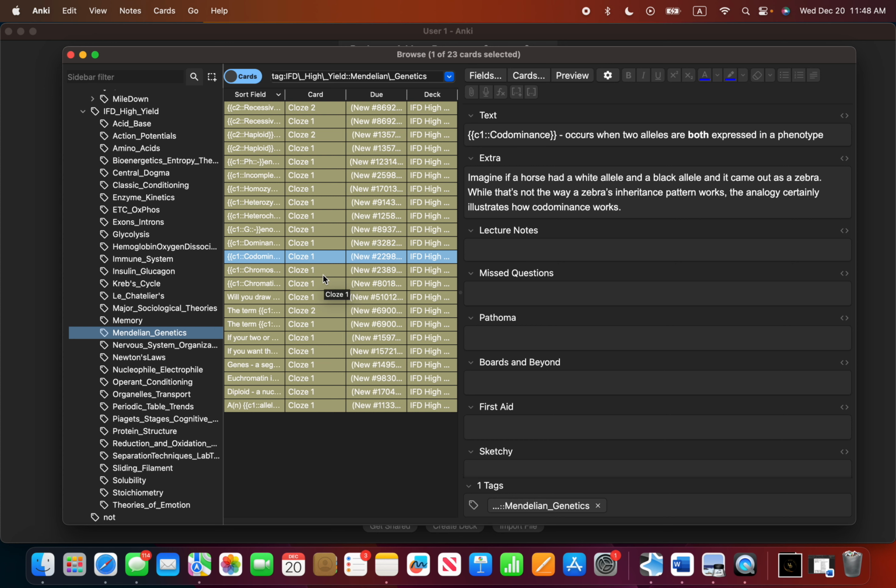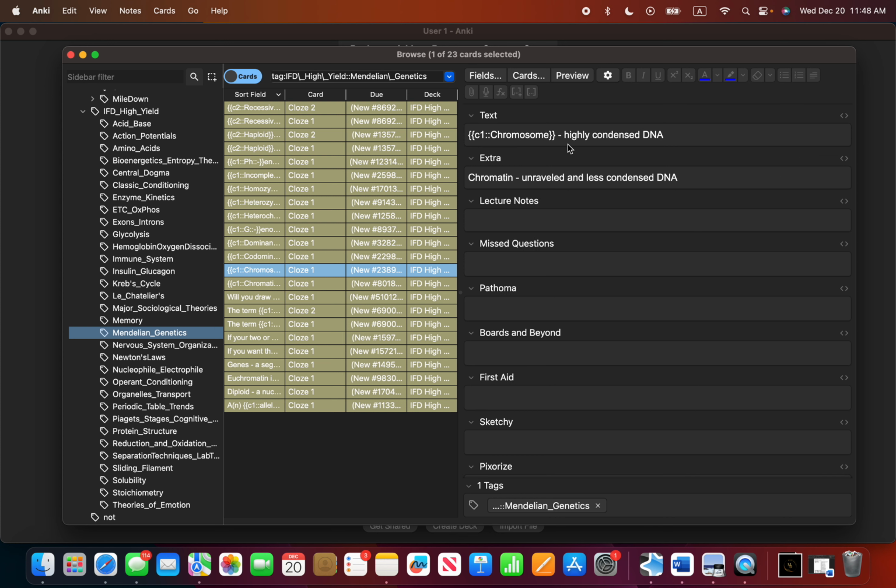Okay, chromosome: highly condensed DNA. Chromatin: unraveled and less condensed DNA. So a chromosome is highly condensed and cannot be transcribed. It needs to open up, right?